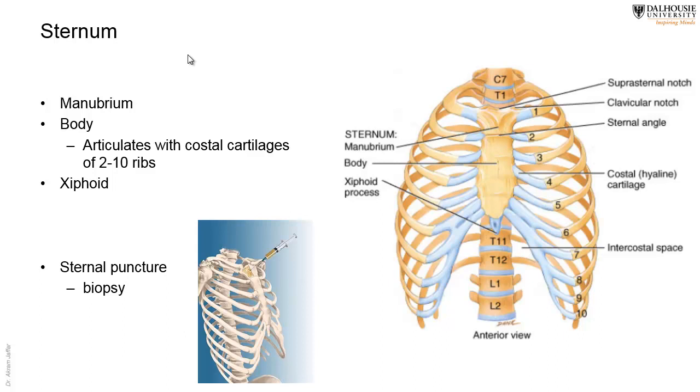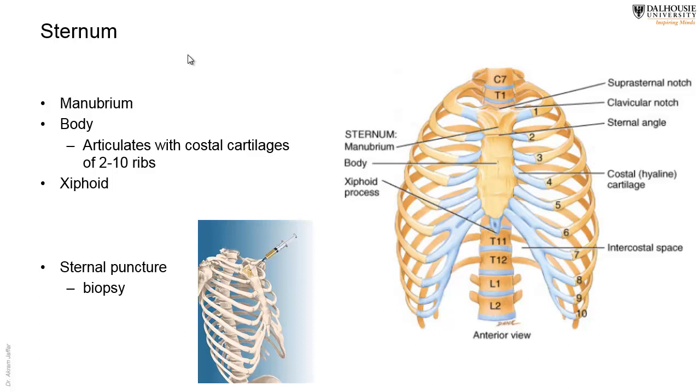Remember that the sternum is a flat bone, and the flat bones, inside them, they contain a marrow cavity containing red bone marrow. And at the same time, the sternum is just beneath the skin, easily accessible. And so that's why it is one of the sites of choice when you want to have a bone marrow biopsy.